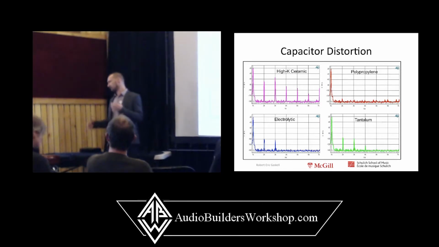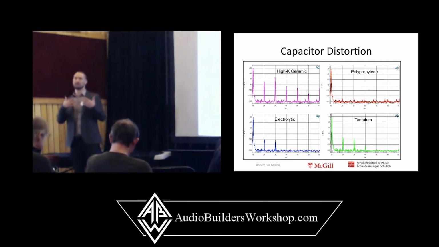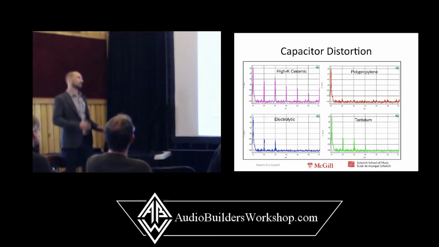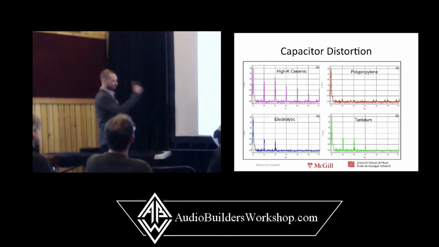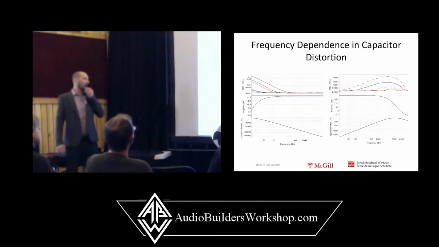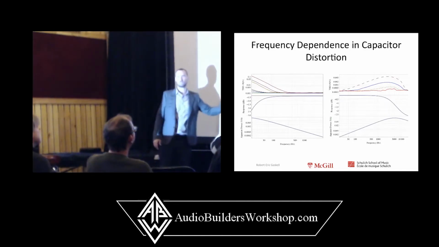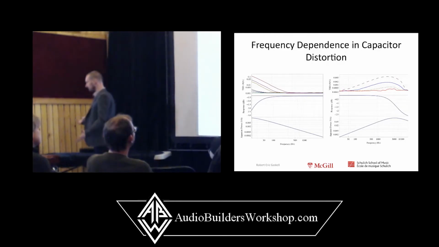The answer was no, because all of this distortion was happening at very low frequency. That's my theory anyway. The ear is much less sensitive to distortion at low frequencies. It has to do with critical bands and the critical band rate below 250 hertz, which I won't bother to get into right now. But let's go to the next slide.